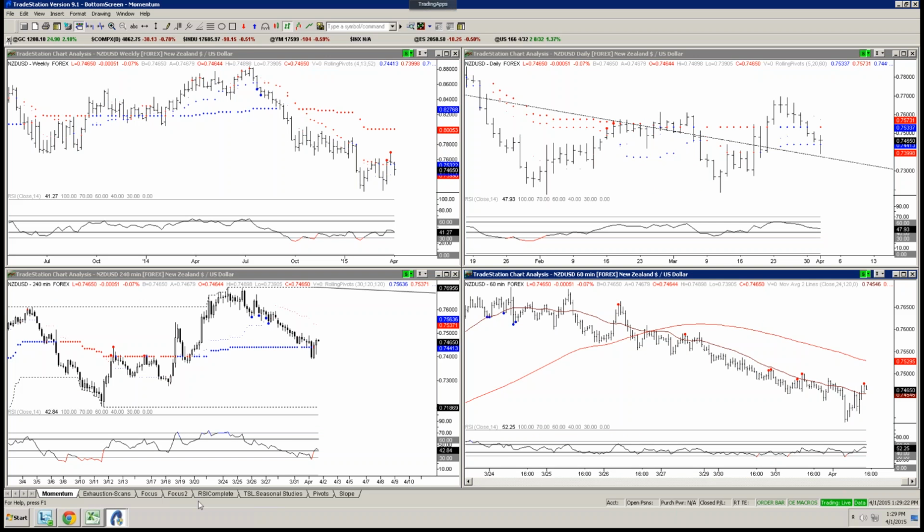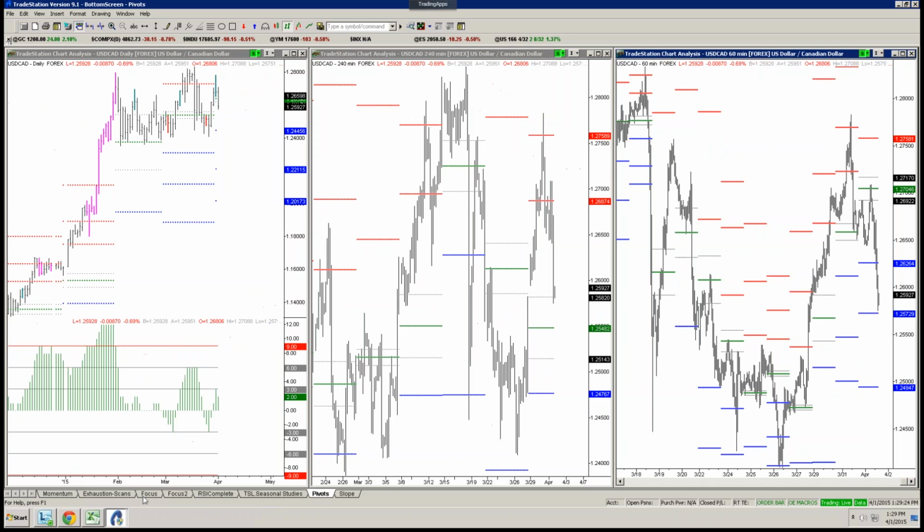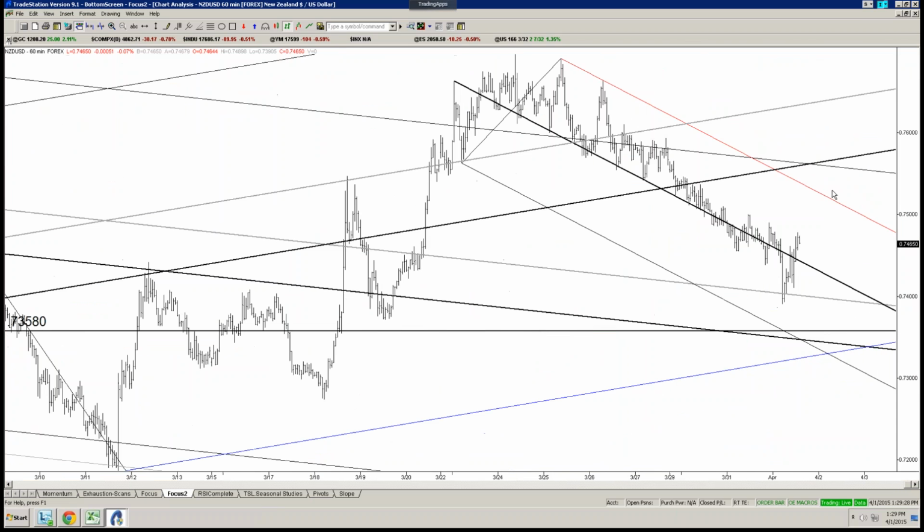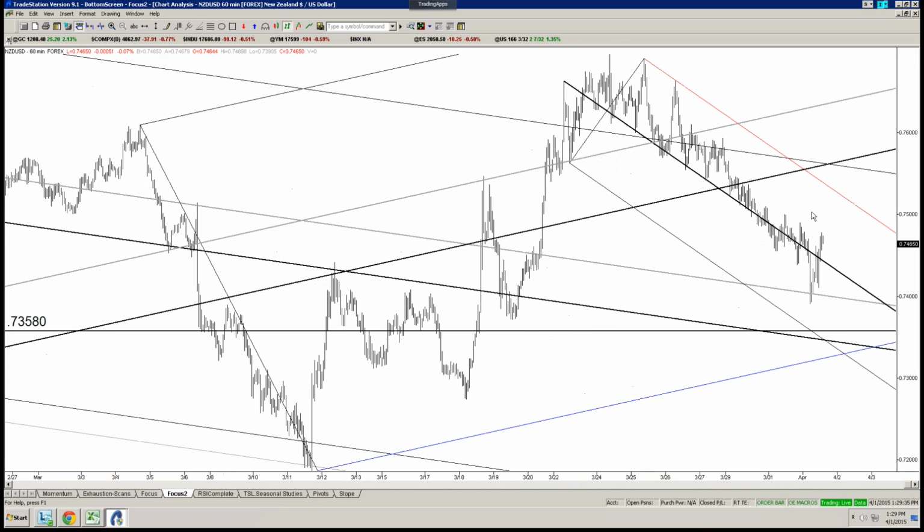In any case, if you're trading this at home, which you probably are, then what you want to do is watch for resistance at this red line wherever it may be. If it overshoots a little bit, it's not the end of the world. You just don't want the market to spend a whole lot of time outside of it.